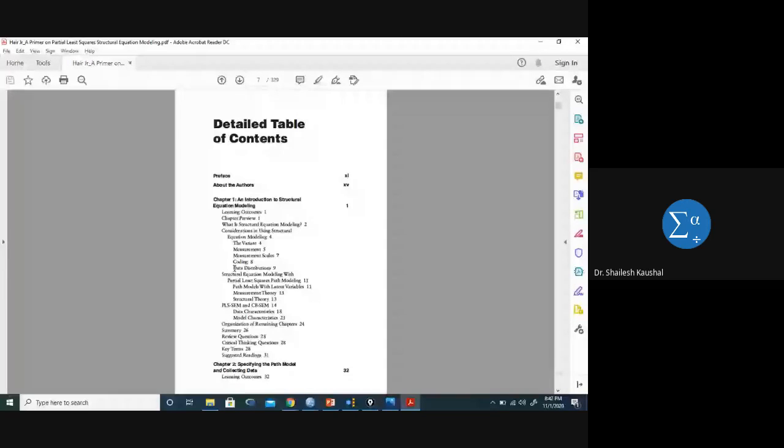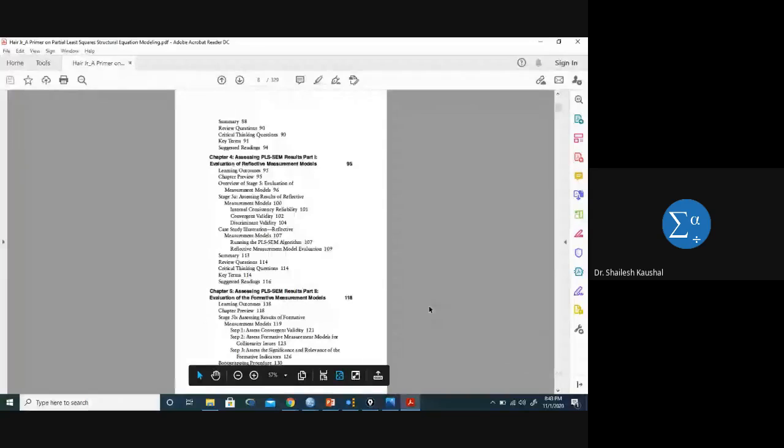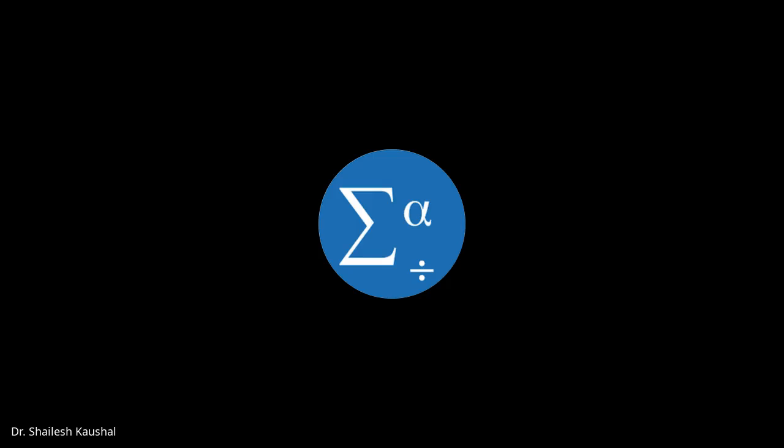Here is the introduction of structural equation modeling, because here you can go into detail, and then you can understand the difference between PLS and CB-SEM. So you can see this book also. It is a very good book, and you can go through it while applying.